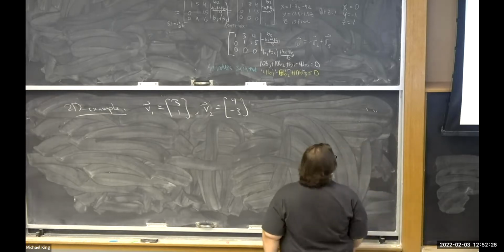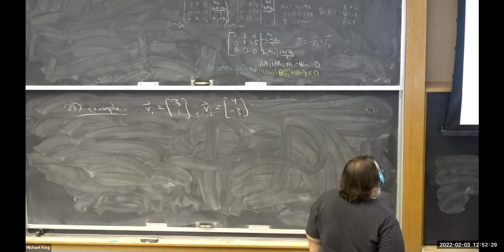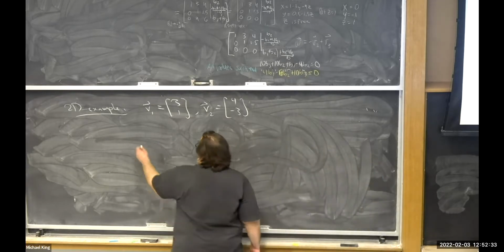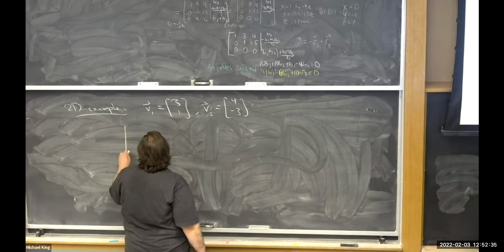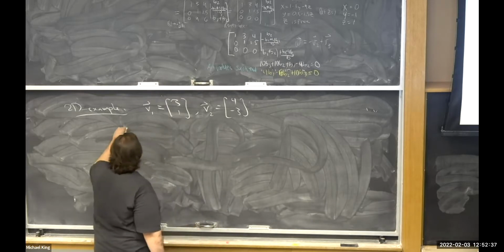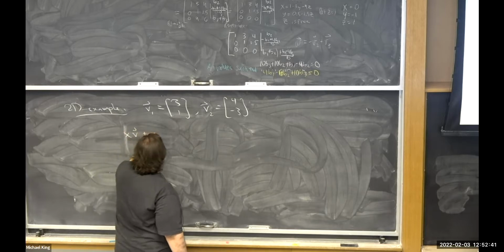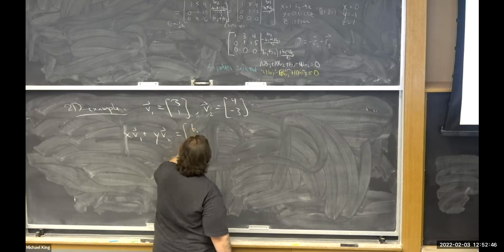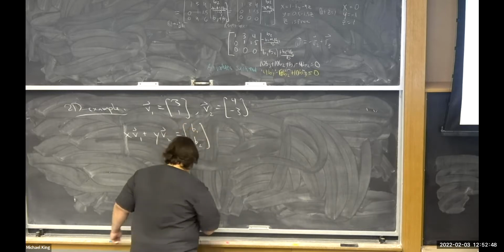And in fact, you found when you row reduced, right, when you think about x v1 plus y v2 equals some specific b1, b2, right? Let me just call this b.